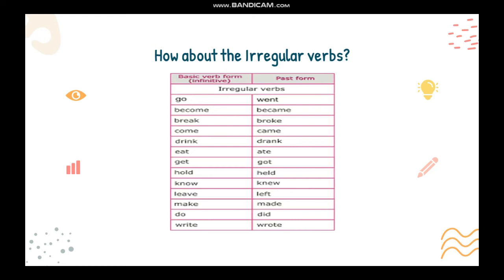So as you can see on the screen, there is a lot of change to the word if we talk about irregular verbs. So the only way to know them is to learn them and memorize them. Okay?